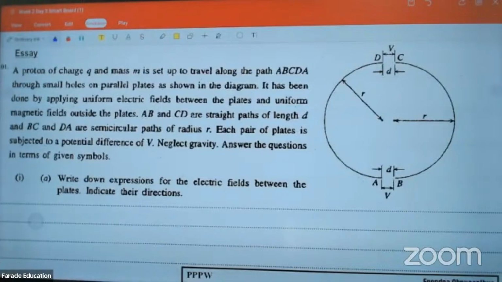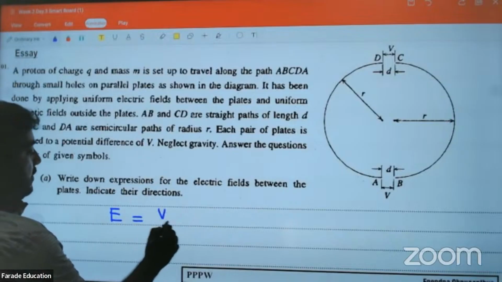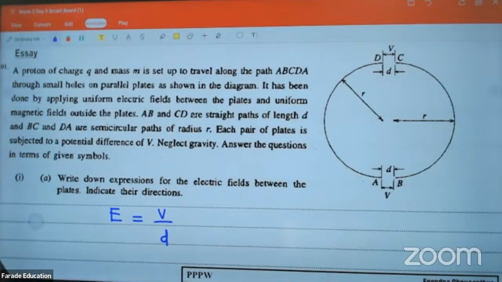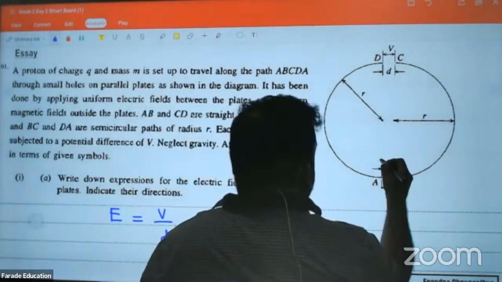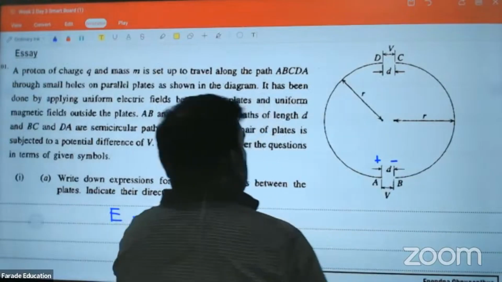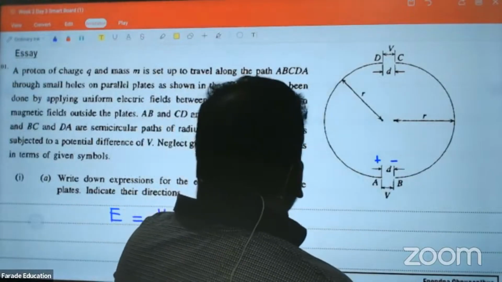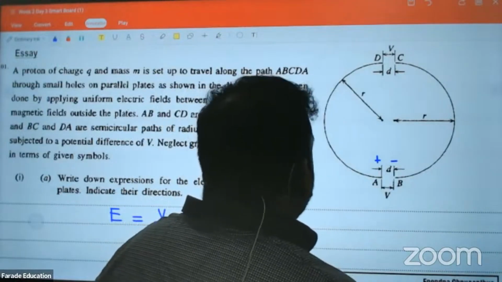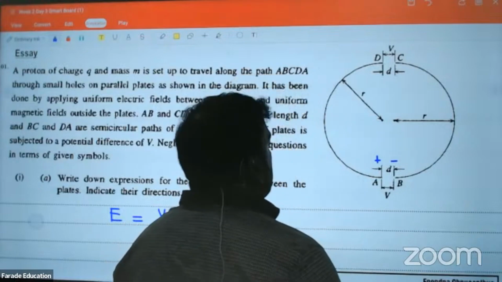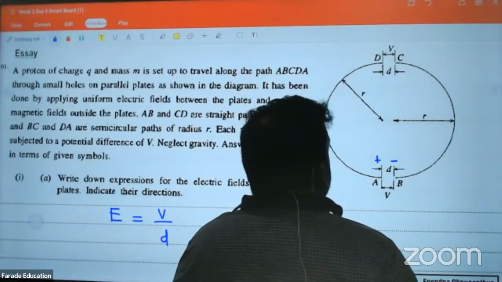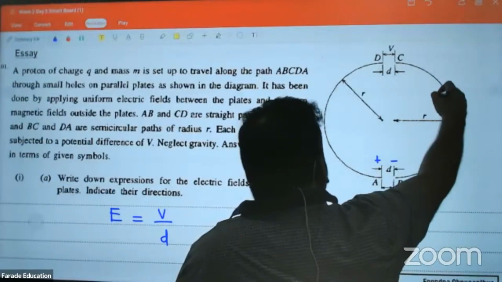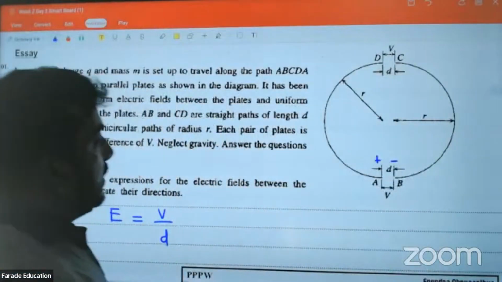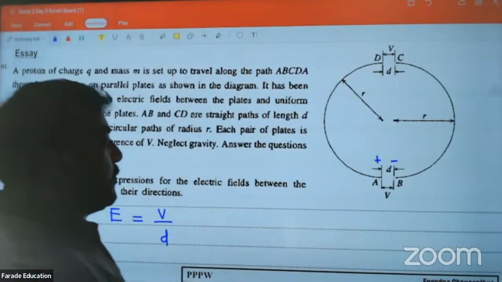Write down an expression for the electric field between the plates. So electric field is equal to potential difference divided by distance. Going along the ABCD path, positive, negative. This is the path taken. The positive, negative means here the electric field is going to be in that direction.